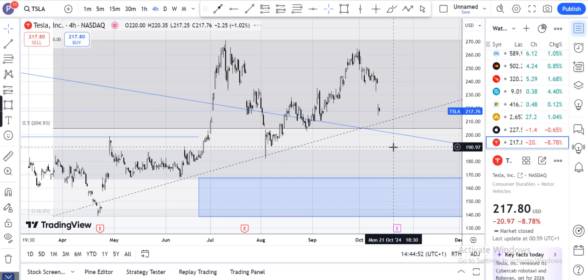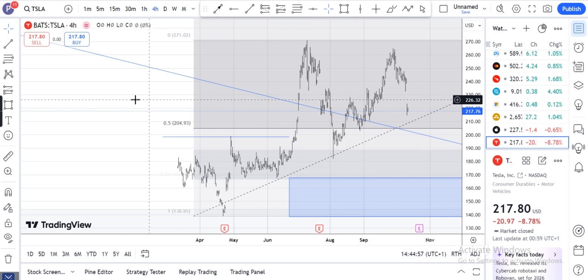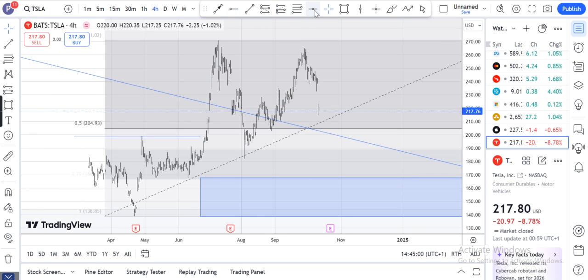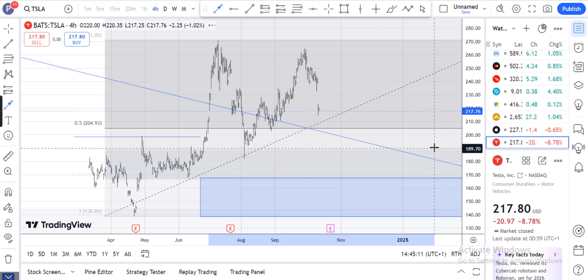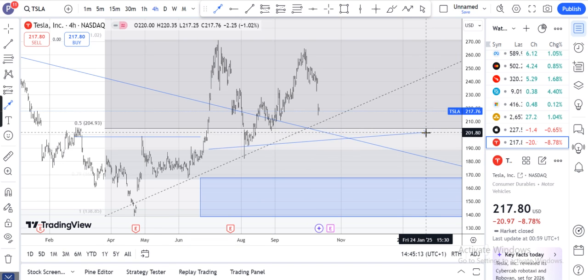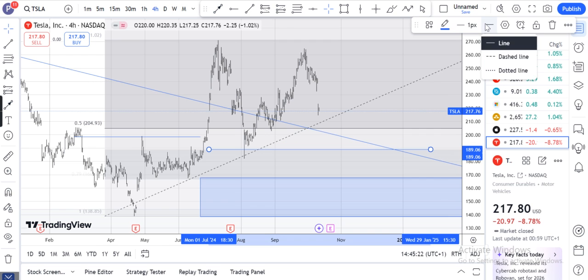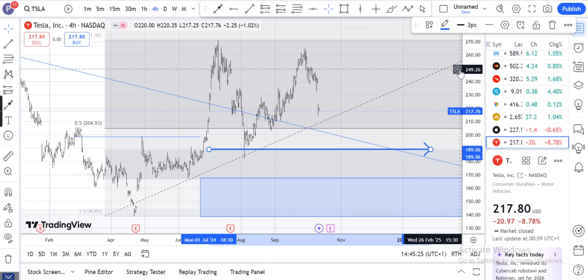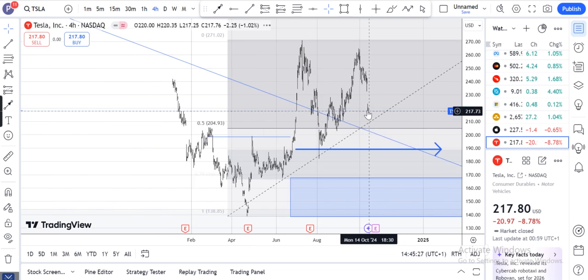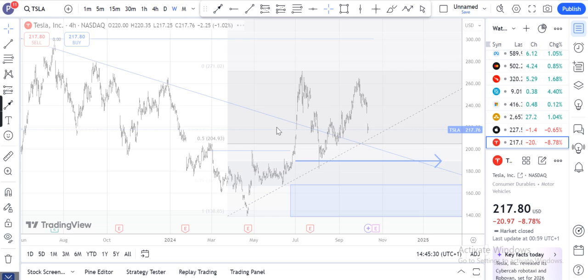Once you see a bullish engulfing candlestick from either this blue level or this ash level, or from this area here, or from this area, if we can see rejections from this area, it's really going to be a lot, because it would help us make an informed decision on how to purchase the Tesla stock.